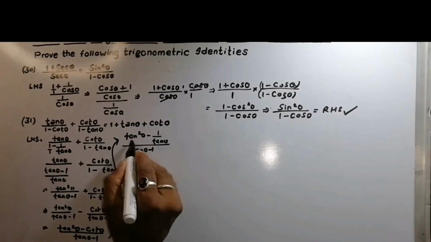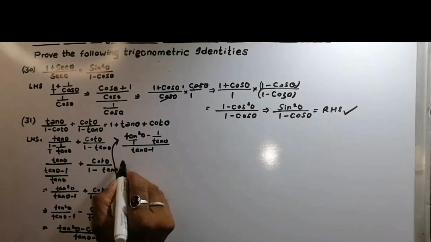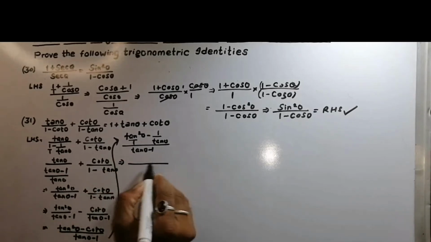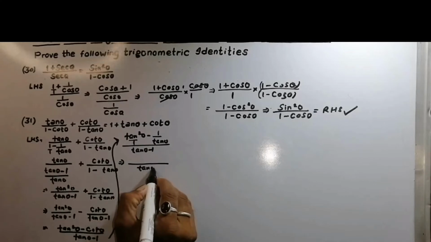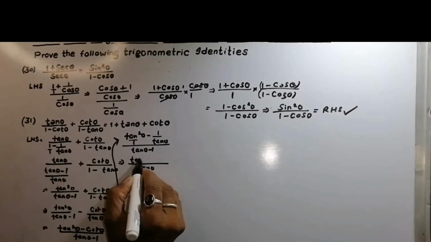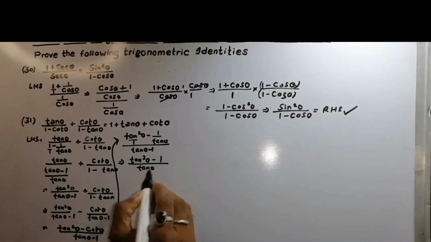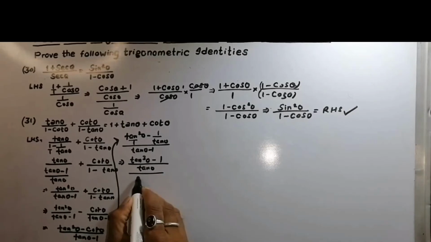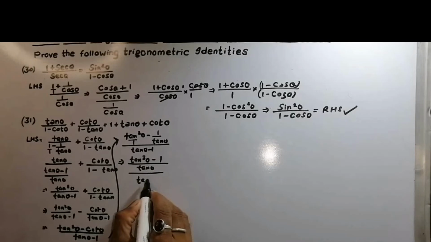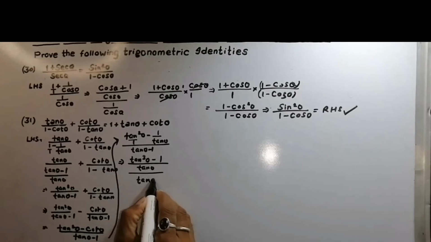And if we take LCM of sides, we get tan theta, and tan cube theta minus 1 by tan theta, upon tan theta minus 1.